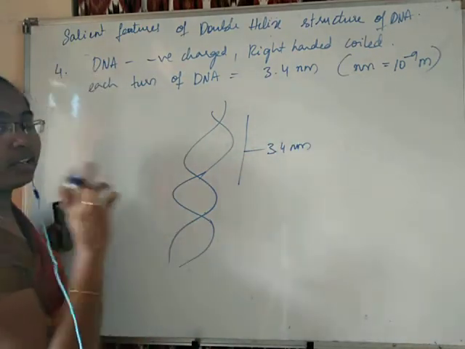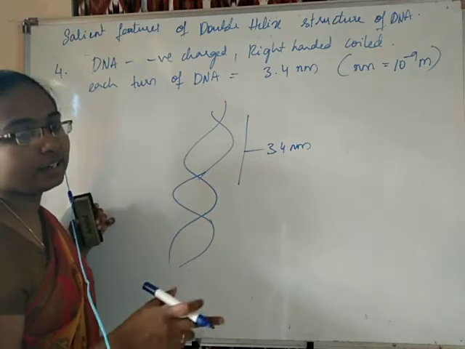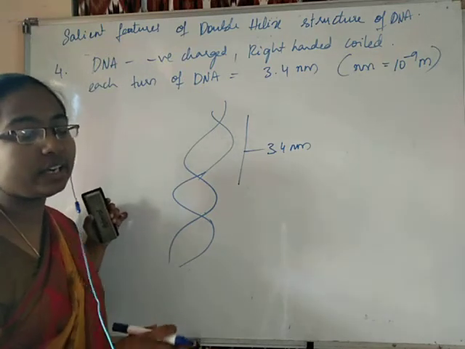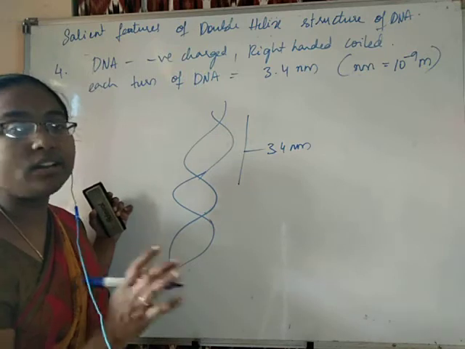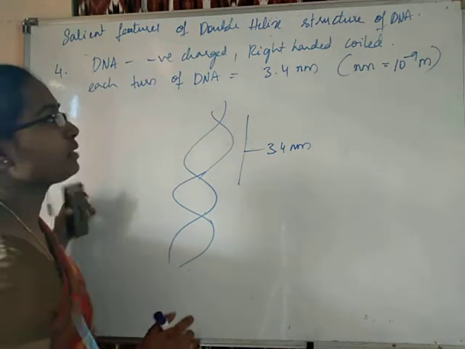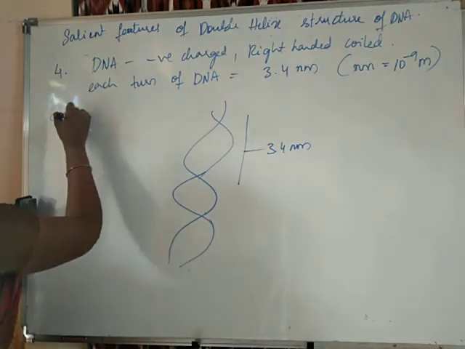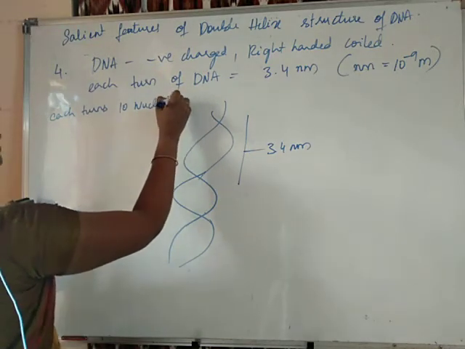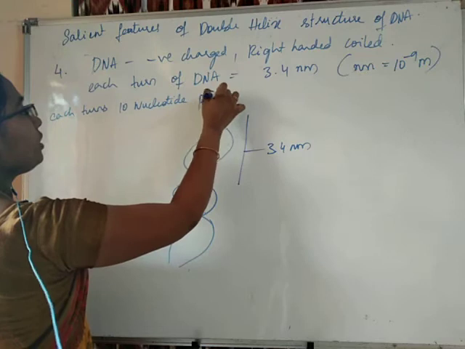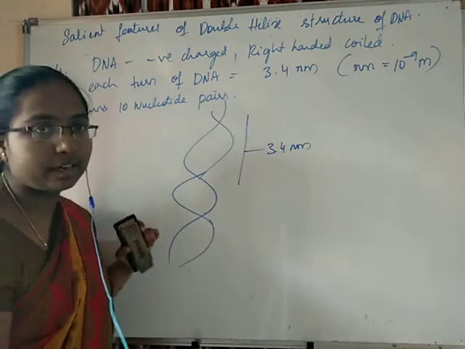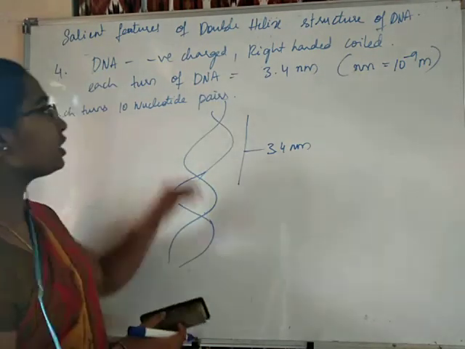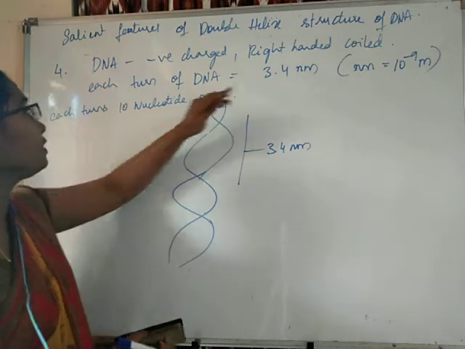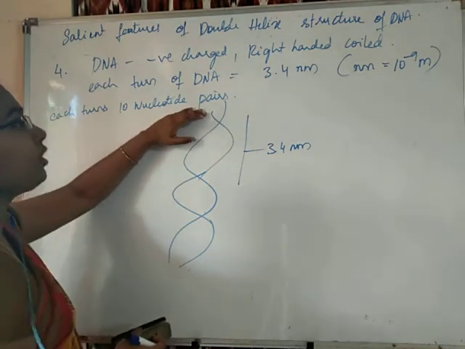And in each turn of DNA, there will be 10 nucleotide pairs. Each turn contains 10 nucleotide pairs. That means the length of each turn is 3.4 nanometers, and each turn contains 10 nucleotide pairs.